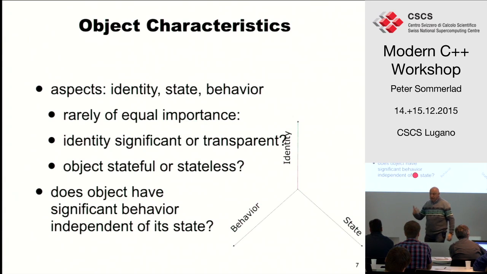So that's what I call a value. Everything that works like an int or a number is what I call a value object. There are objects that are stateless and don't have state, and they make sense in C++ because they might still capture an abstraction and provide behavior for that abstraction, and also provide a different type that is distinct from something else.